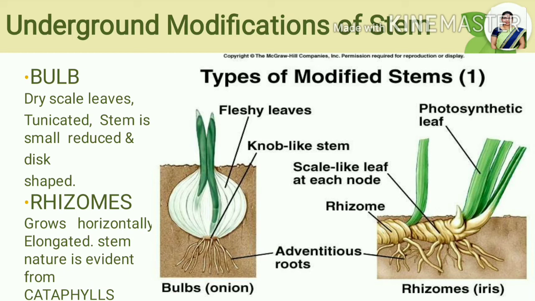As here we can see underground modification of stem like in bulb and rhizome. Bulb, as in case of onion, has dry scale leaves, tunicated, and the stem is small, reduced and disc shaped. In rhizome, as in case of iris, the rhizome grows horizontally, and the elongated stem nature is evident from the cataphylls.